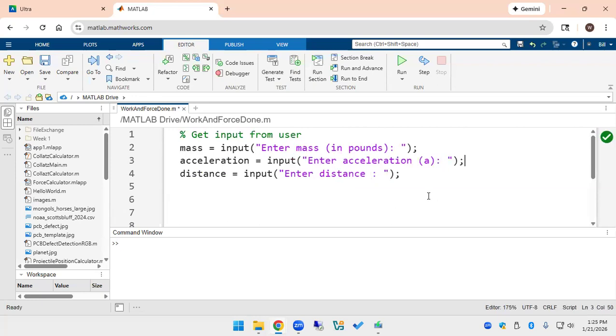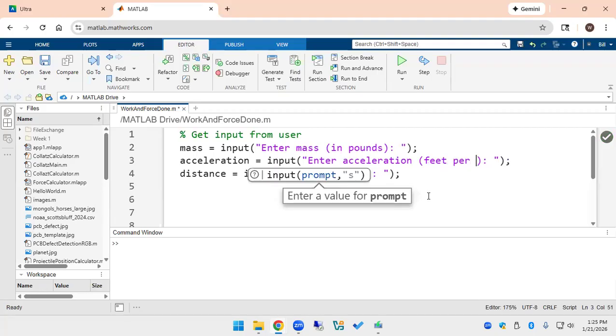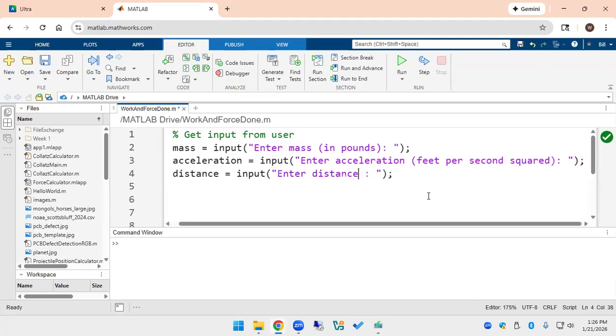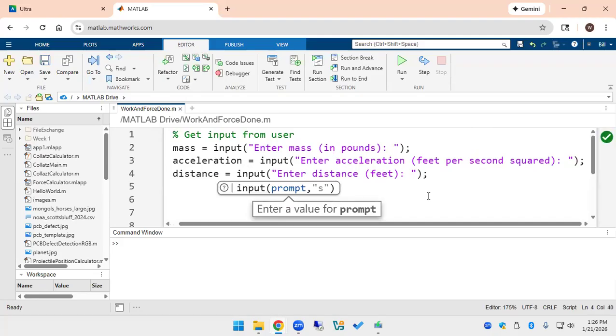Oh, feet per second squared, sorry. Did the wrong thing, I need my units. Per second, well, that makes a long prompt, but it works. And for distance, we have feet. So now we know the units that we're entering in.